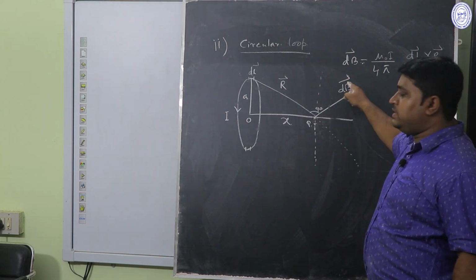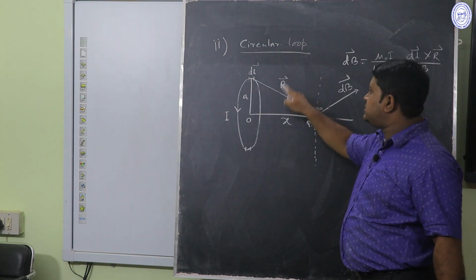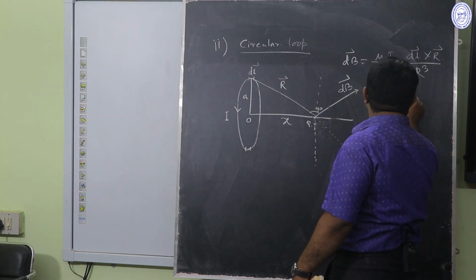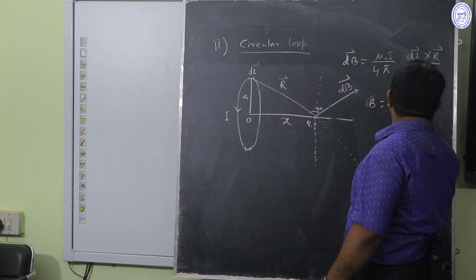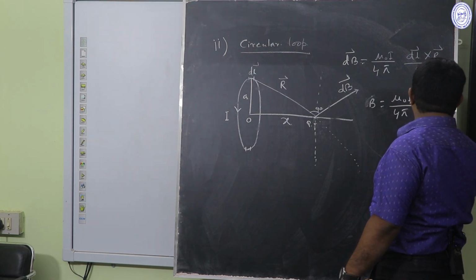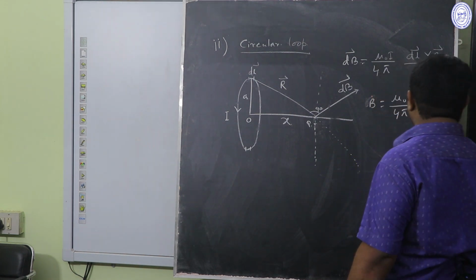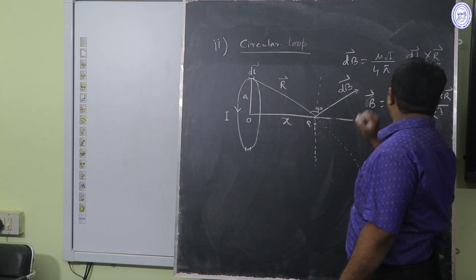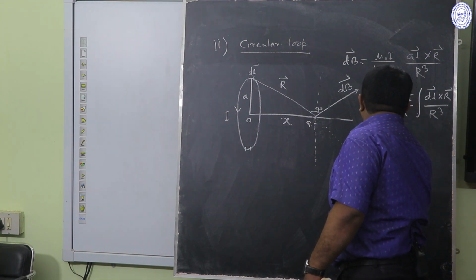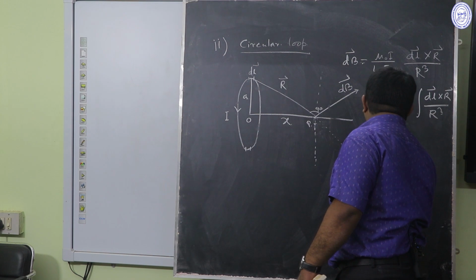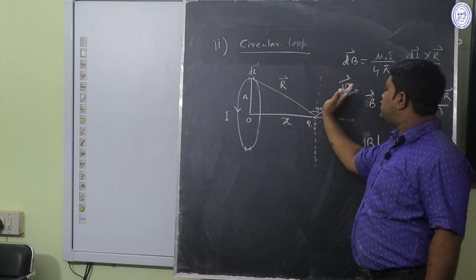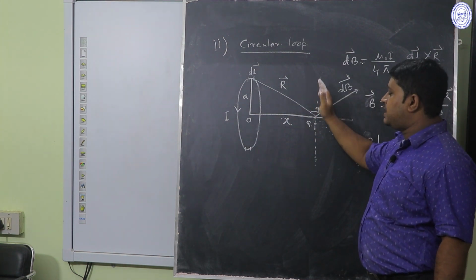So the total magnetic field at point P due to the entire loop, B, is equal to mu 0 I by 4 pi integration dl cross r by r cube. Only the parallel component of the magnetic field survives, and the component perpendicular to the axis cancels out.